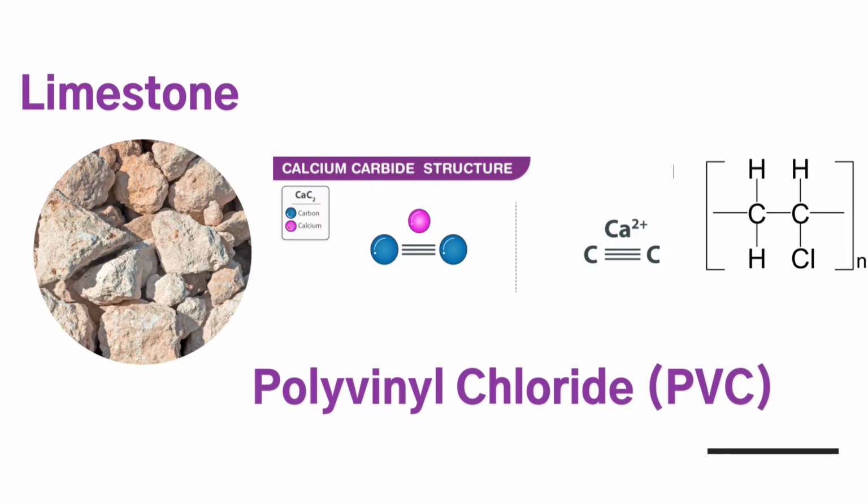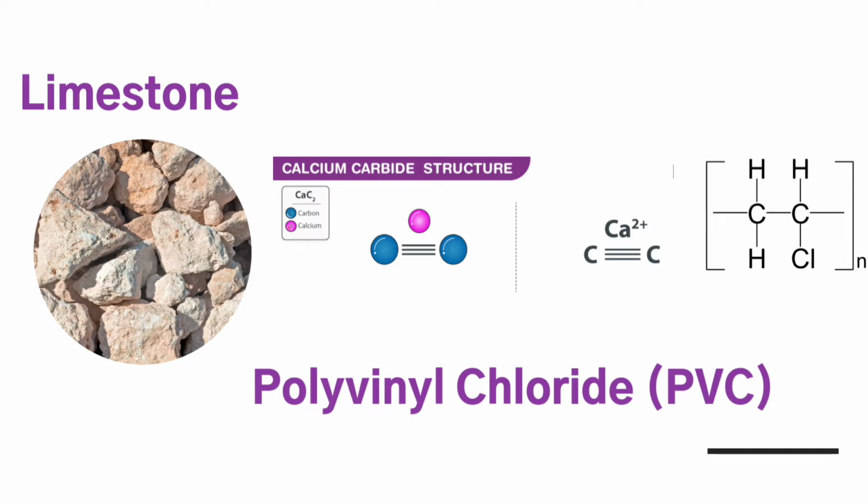This calcium carbide, when treated with water, produces ethyne, and ethyne, when further treated, produces vinyl chloride. This vinyl chloride is what is used to make polyvinyl chloride. You can see vinyl chloride, an ethene molecule that has been substituted with one chlorine atom, okay?